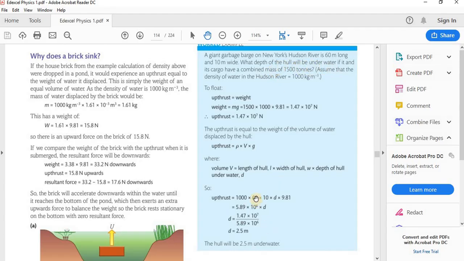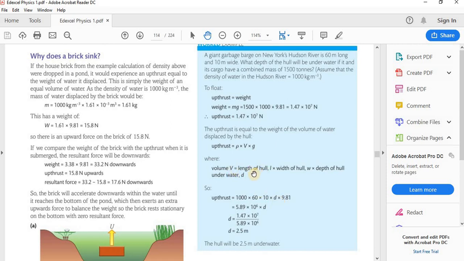It is 60 meters long, 10 meters wide. So length into width into the depth below the water. This is the depth of the hull below the water, and that will give you the volume of the hull underwater. We are using this formula, length into width of the hull into the depth of the hull underwater, because that is the volume of water displaced.